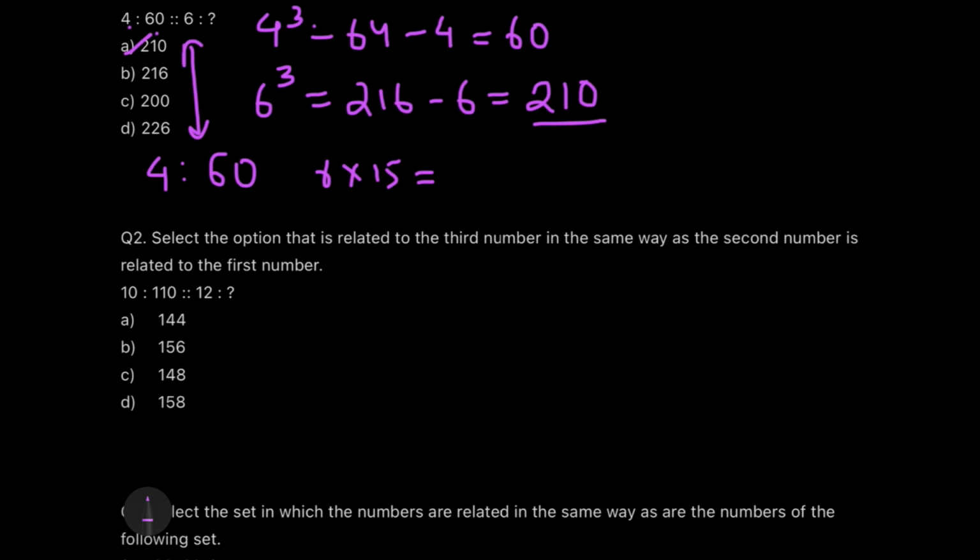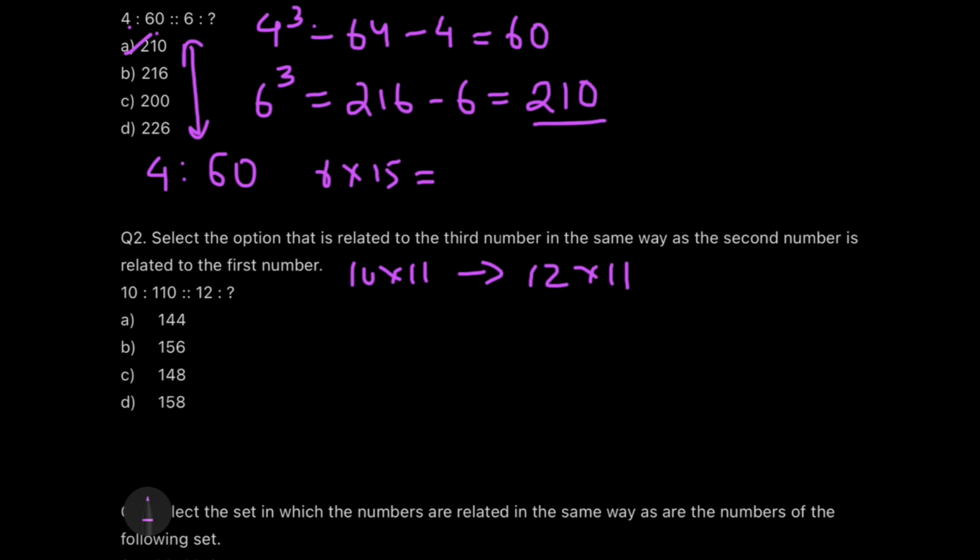Now, moving next to question number 2. Again, 10 and 110 are related in the form of into 11. So the first thing which comes to my mind is 10 into 11 would give me this number. So similarly, I'll do 12 into 11. But 12 into 11 is 132, and 132 is not in the options, which gives me an indication that my logic is not matching with the question paper setter's logic.